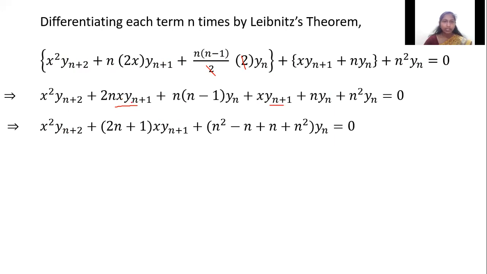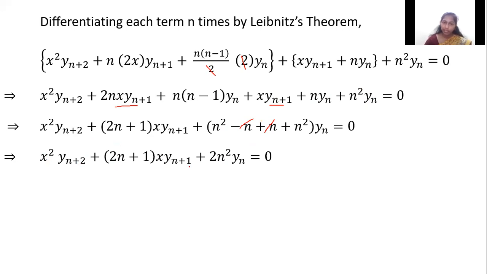So here I can see x y n plus 1 is common. So it is 2n plus 1 into x y n plus 1, plus, now bringing all the y n terms together, we get n square minus n plus n square, and minus n and plus n get cancelled. n square plus n square is 2n square. So we get x square y n plus 2 plus 2n plus 1 x y n plus 1 plus 2n square y n equal to 0, and we are getting the result.